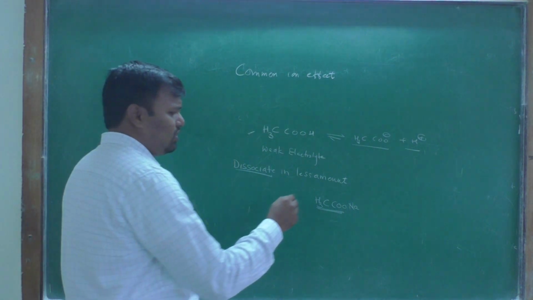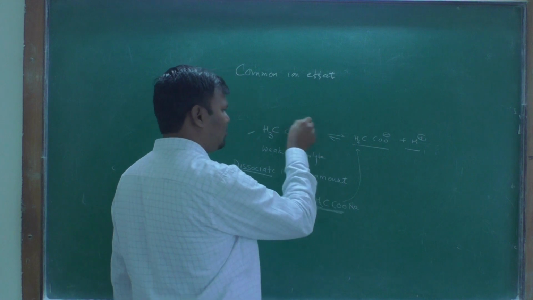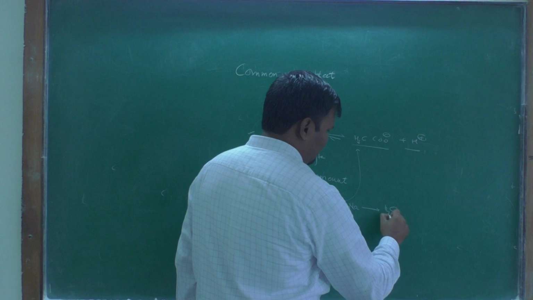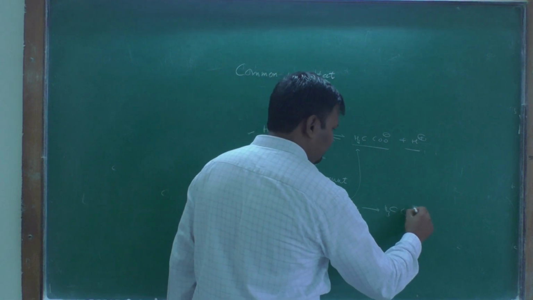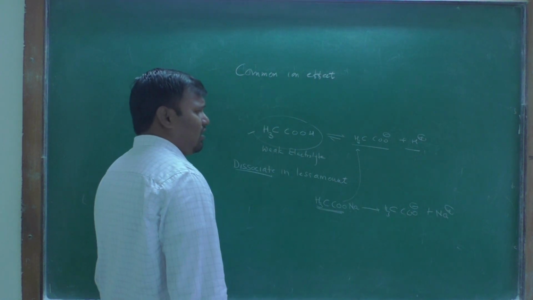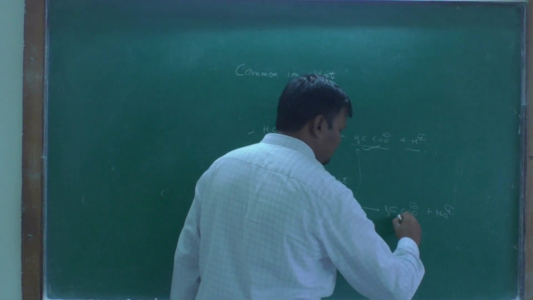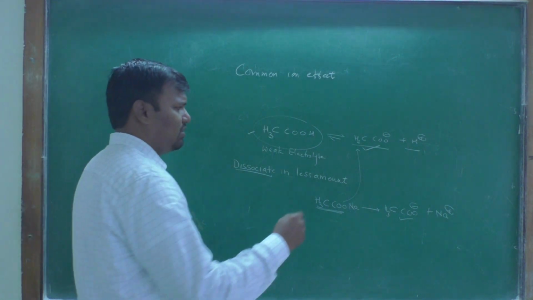which contains the common ion, when you add this electrolyte to the solution of the weak electrolyte, you find that sodium acetate dissociates like that. The CH3COO minus, the acetate ion, is common.